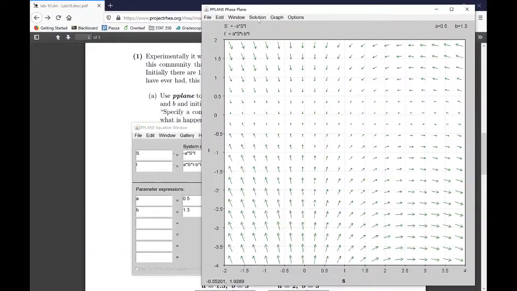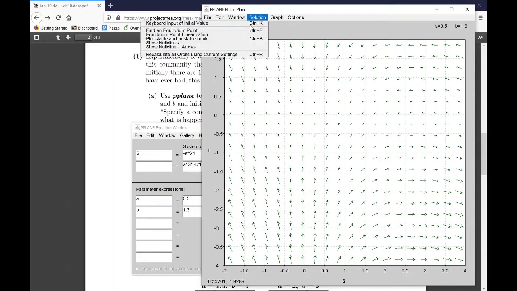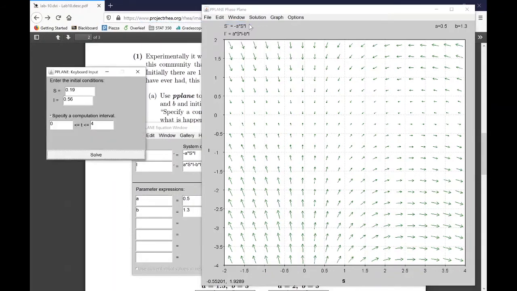Graph this phase plane, go get our keyboard input of initial value, and if you recall, we estimated that S at time equals 2 was 0.19, and the infected at time equals 2 was 0.56 or 0.55. It doesn't really matter which one. And if we press solve, we will see that we have this little segment right here.